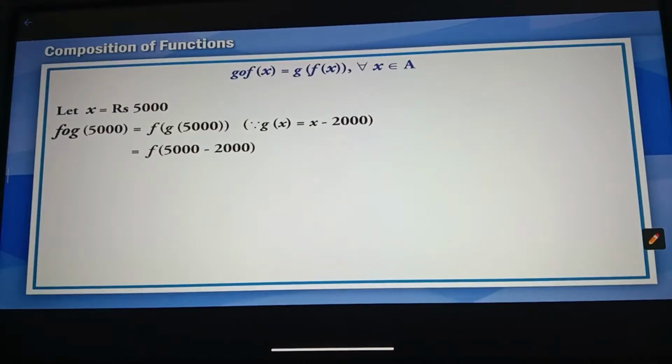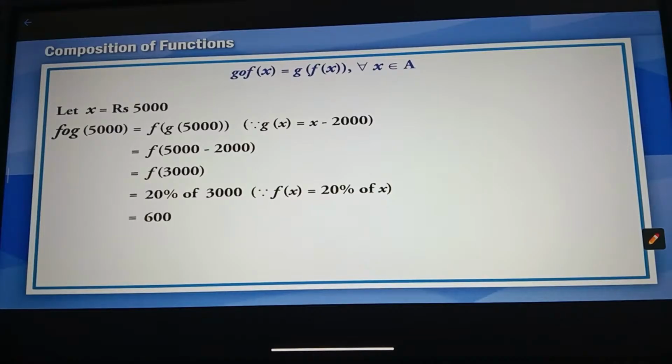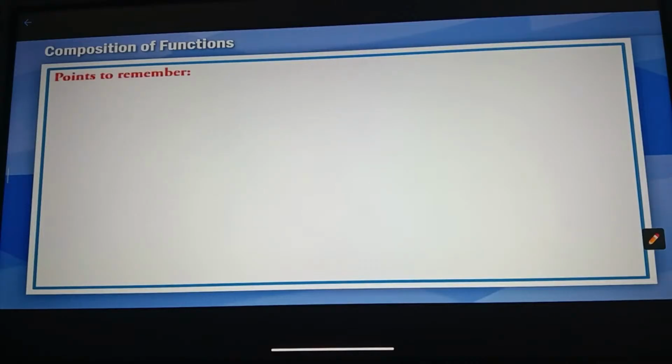Therefore, g of 5000 is equal to 3000. Now, f of x is equal to 20% of x. Therefore, f of 3000 is equal to 20% of 3000, which is equal to 600 rupees. This is the discount.